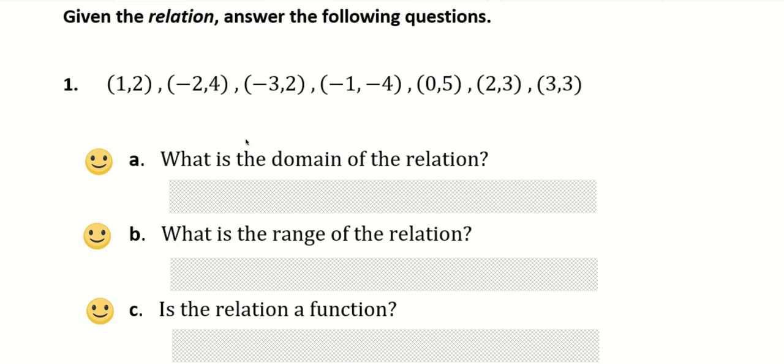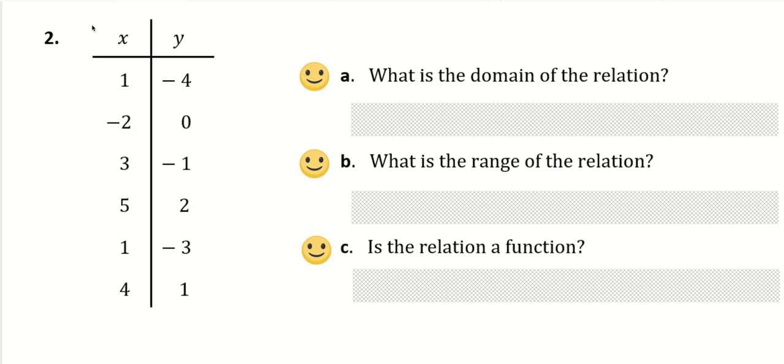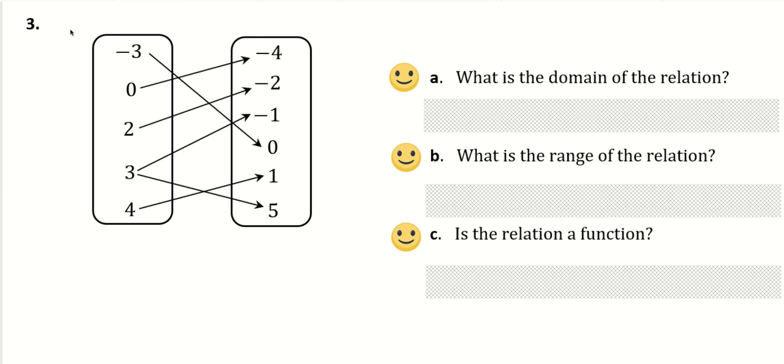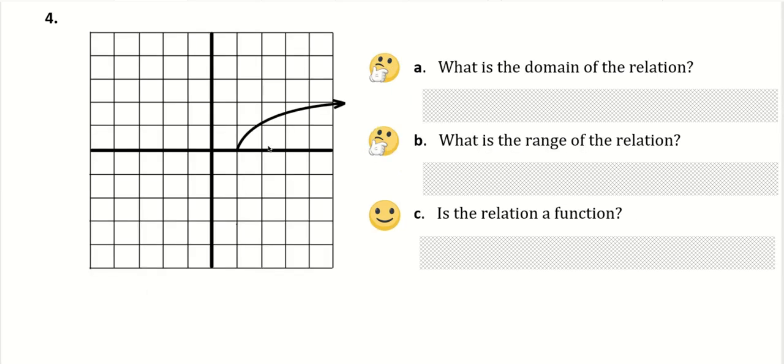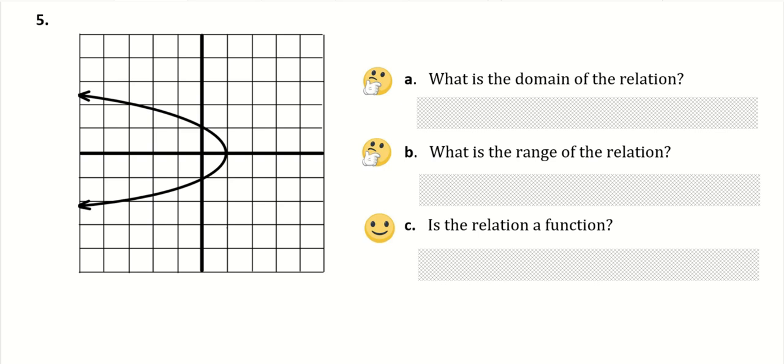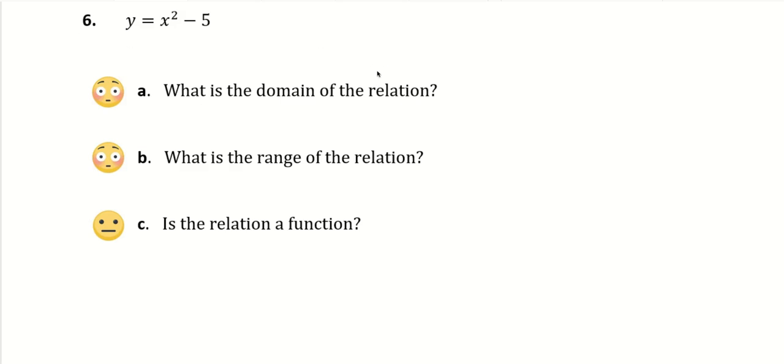And throughout this bell ringer, we deal with how easy it is, or how you answer these questions when you're given a list of ordered pairs, a table that represents a relation, a mapping diagram, a graph, here's another graph, or an equation. So there's about 5 different situations where you can be given a relation in 5 different ways and need to answer these questions.